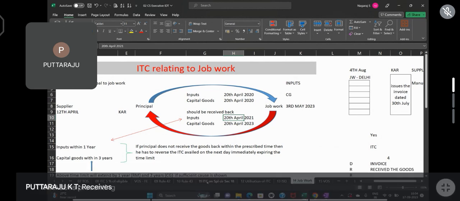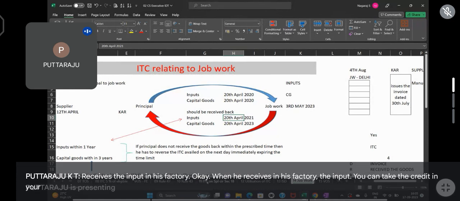Okay. When he receives in his factory the input, you can take the credit in your company, in your accounts.